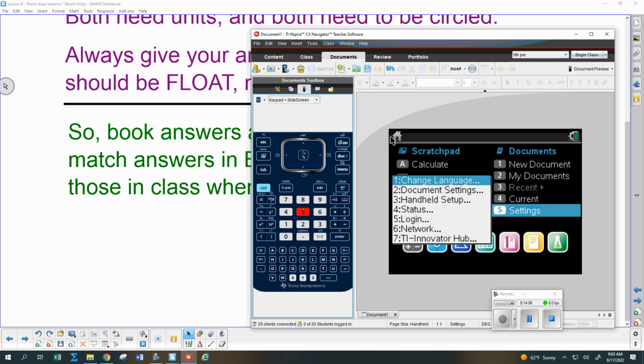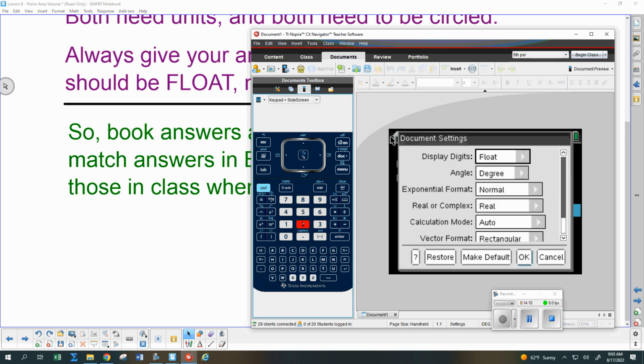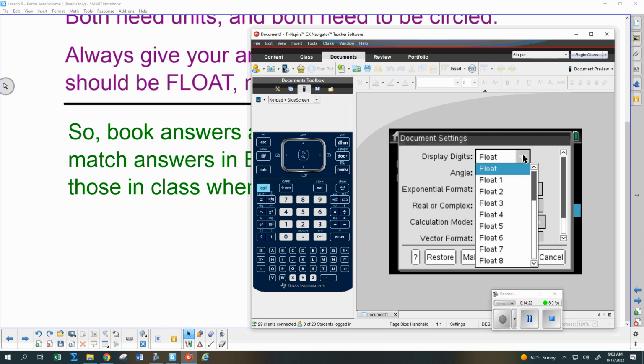And again, you can scroll down to 2 and then push enter, or you can just hit the 2. And here are your settings. It's the top one that needs to be float, not float 3, not float 6. If it does not say float, if it has a number after it, push the arrow button and scroll all the way back up to the top and select enter for that.